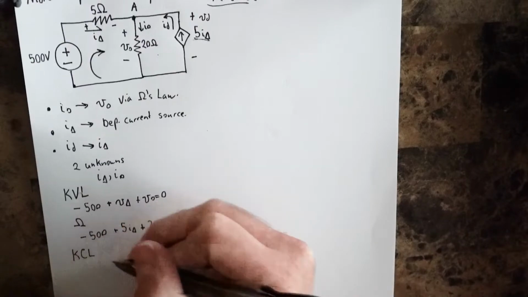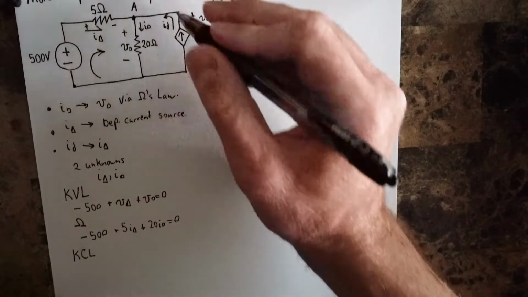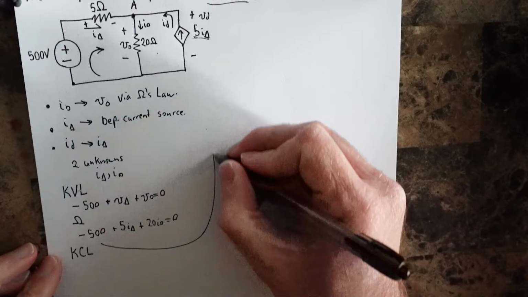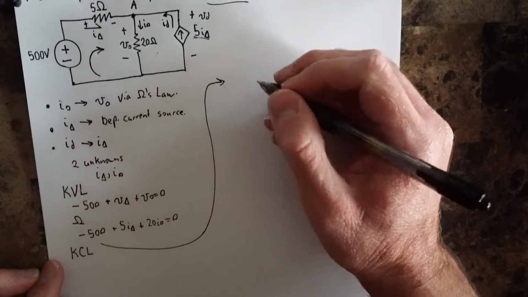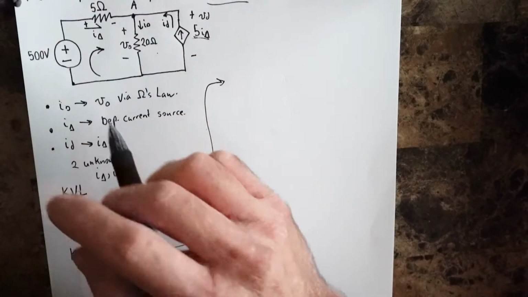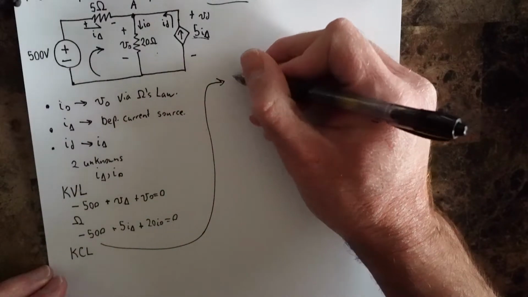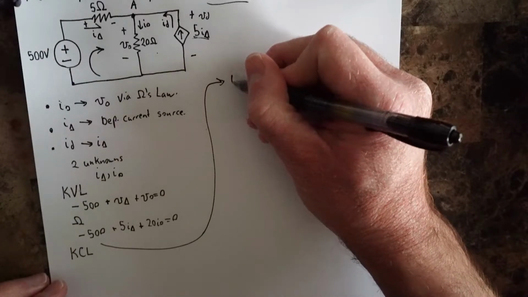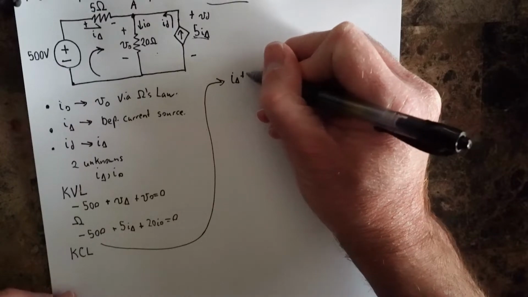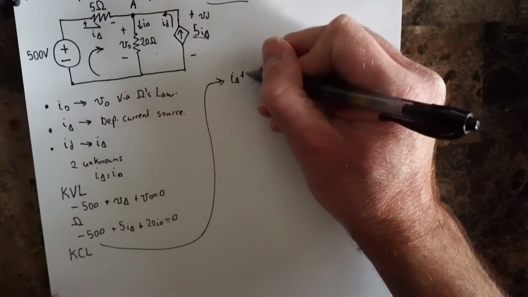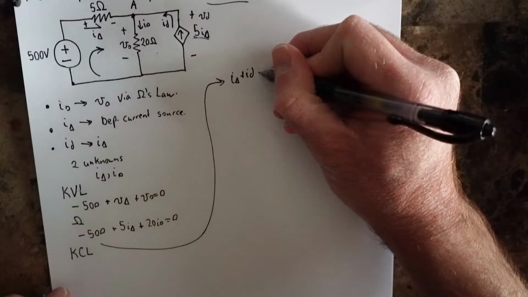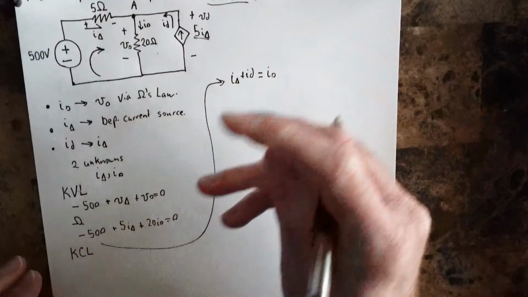just go ahead and move to KCL, and we'll do that here at node A. So just so that you can see it a bit better, I'll go ahead and move everything up here. So with KCL, we have the sum of currents entering, I delta plus ID, must be equal to the current leaving, I0.